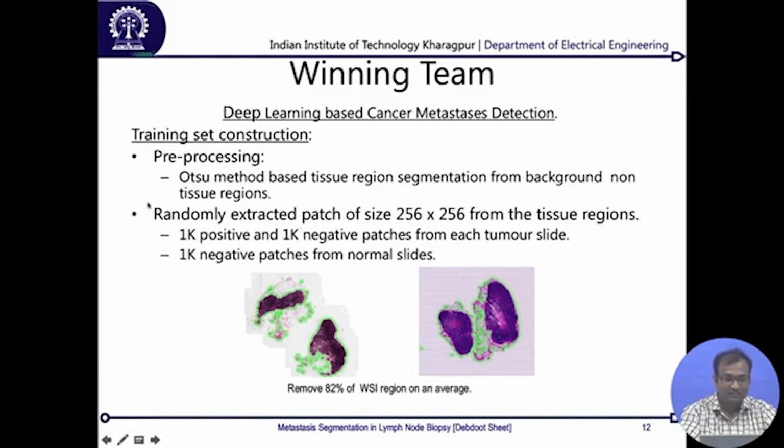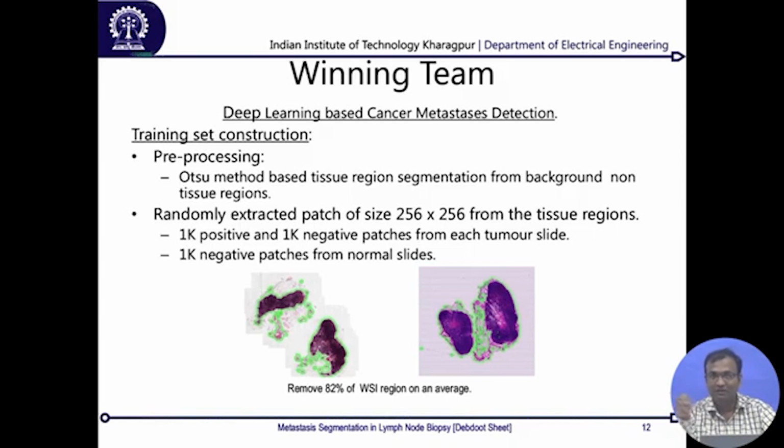The positive patches are regions where metastasis is present, and the negative patches are taken from regions where it is not present, since you have the ground truth available as to where the metastasis is located.